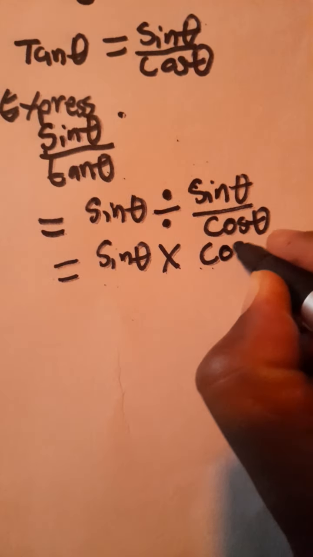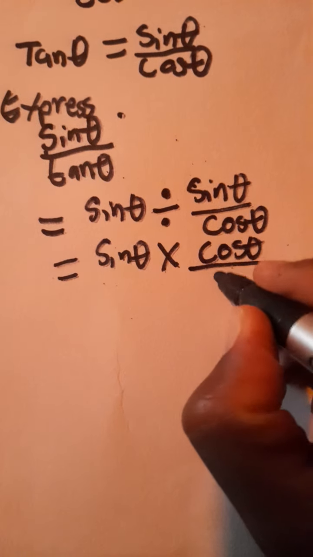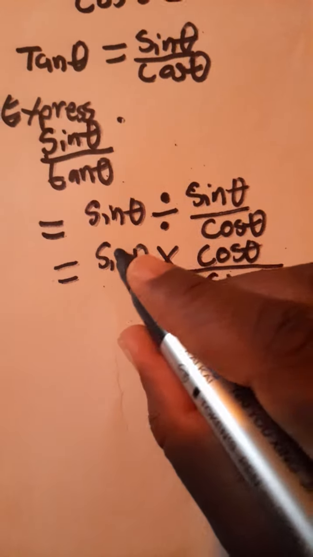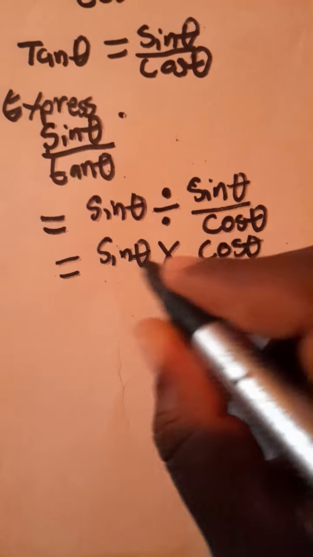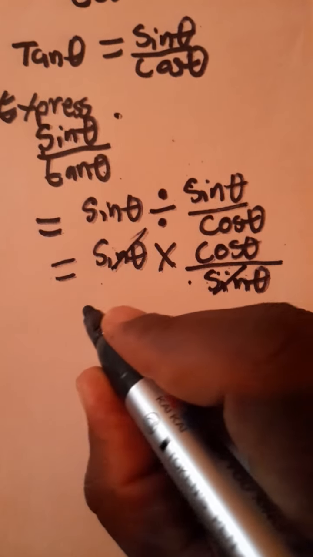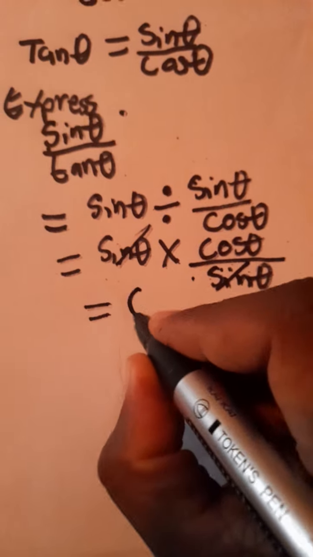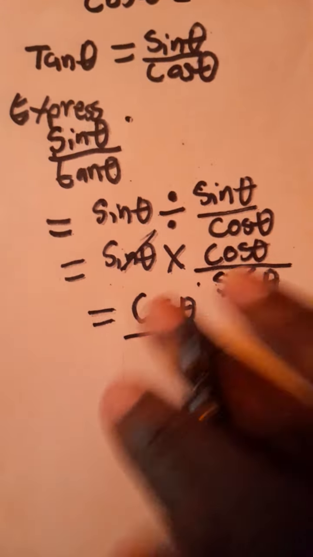So we're going to have cos theta here, divided by sine theta. So we have common trigonometric ratios. They cancel each other here. Note, they only cancel if there's multiplication. So we'll be left with cos theta here. So that's the solution.